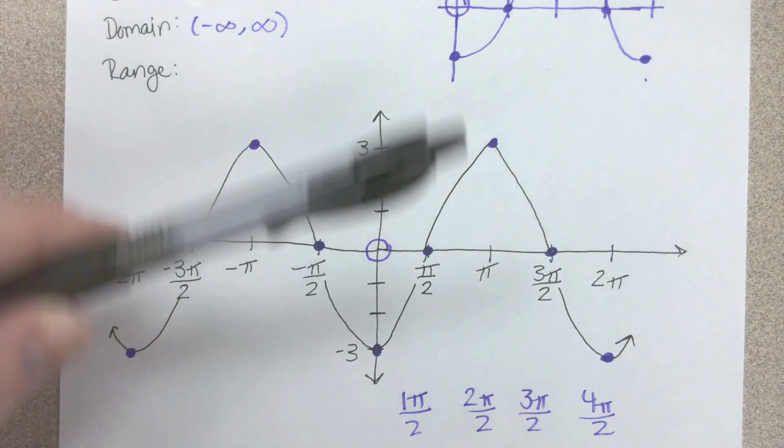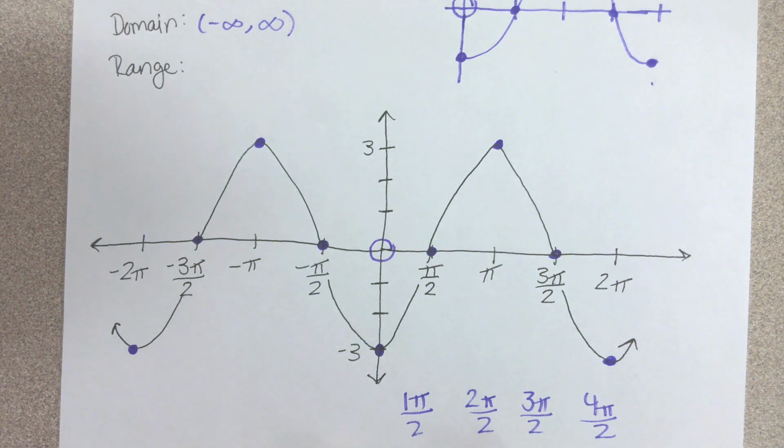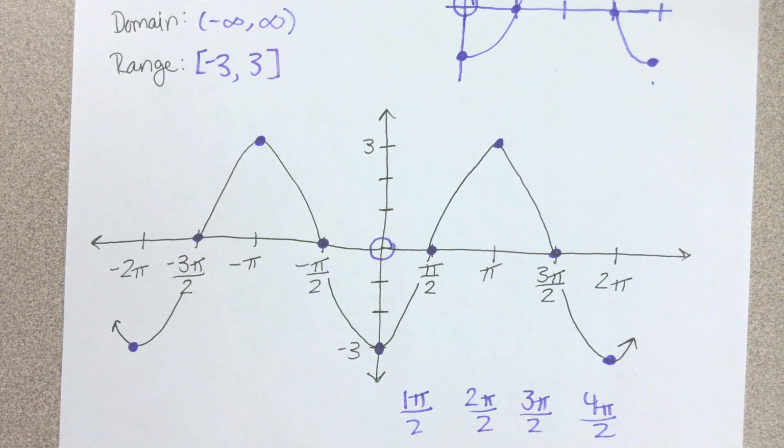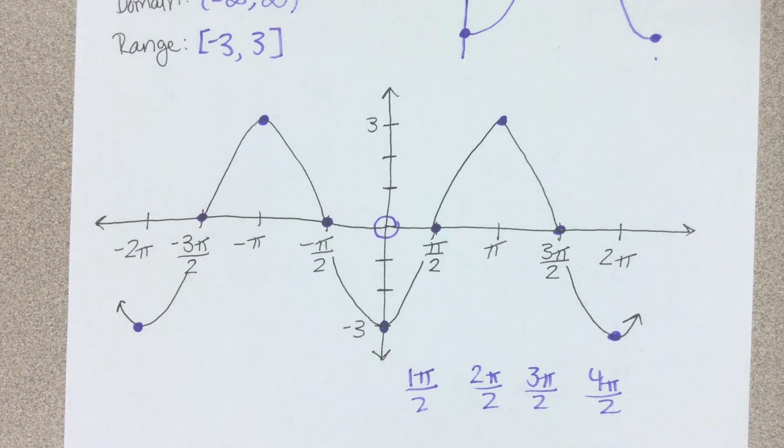Range, the graph bounces from -3 to +3 on the y-axis. So -3 to 3. Questions on example number 1? Okay, we'll do one more. We'll add all the bells and whistles to this equation.